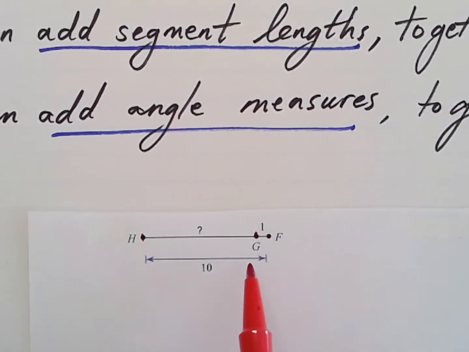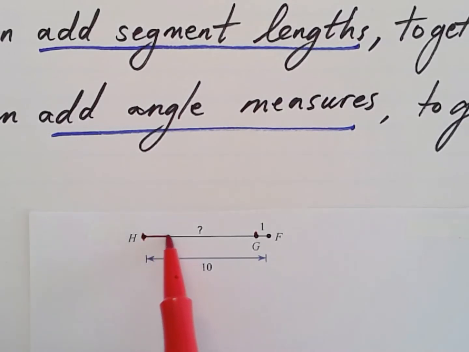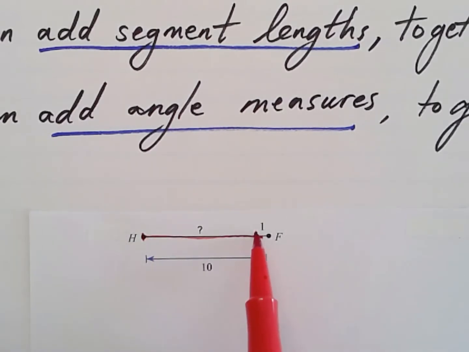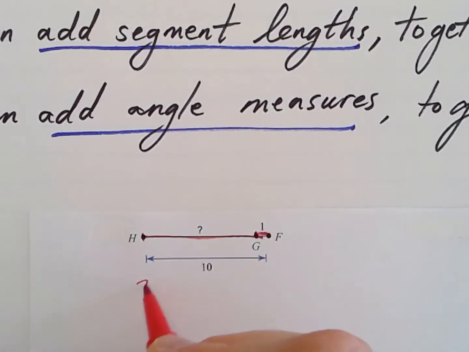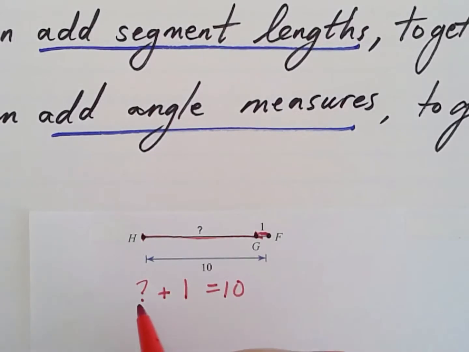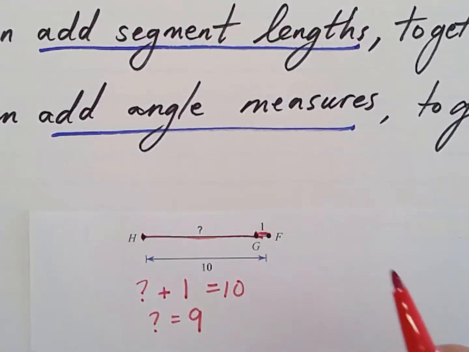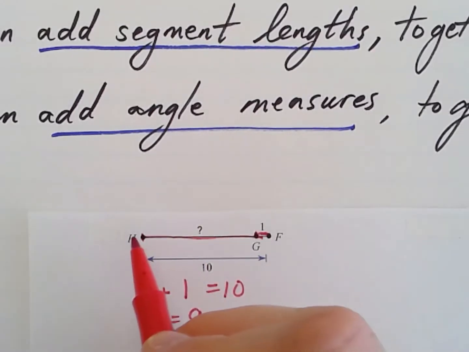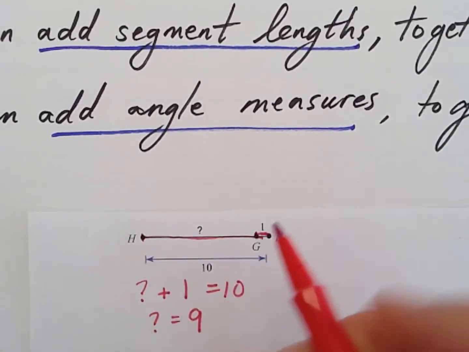So the question mark that we want plus 1 equals 10, then the question mark has to equal 9. Everybody see that? So this HG is 9.